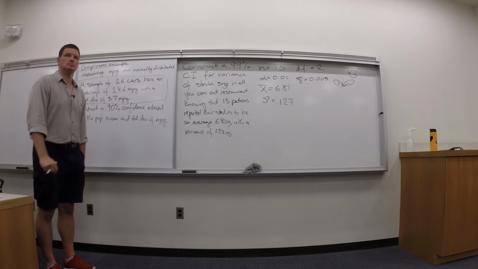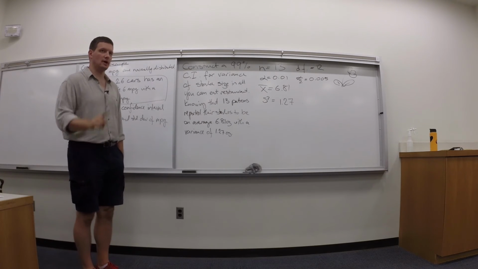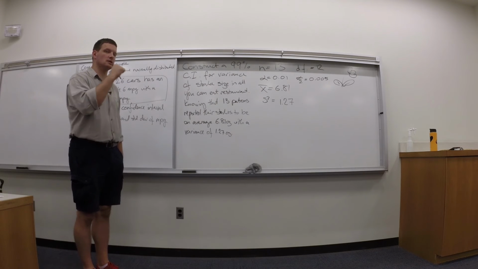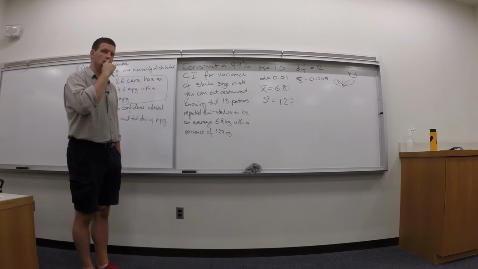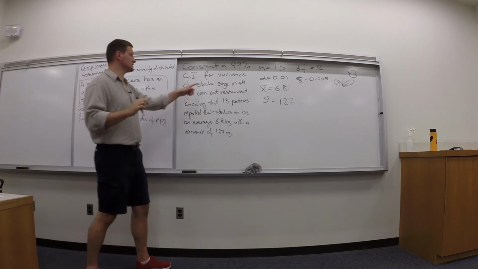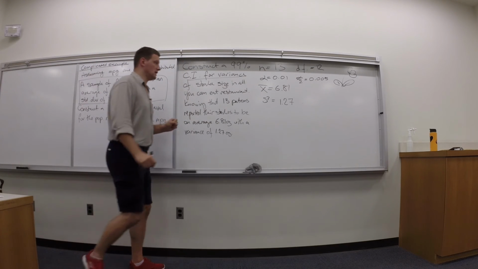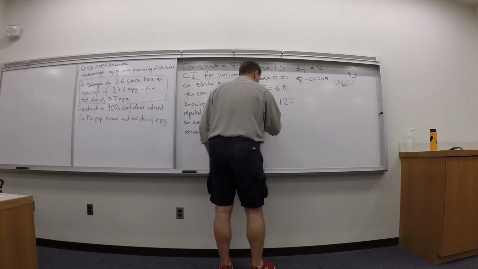Okay, so we need to find E. Well, hang on, what are we looking for? What is it asking for? If you're talking about E, you're talking about the mean. But this is asking you for variance.